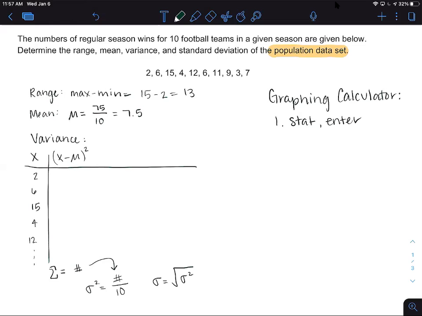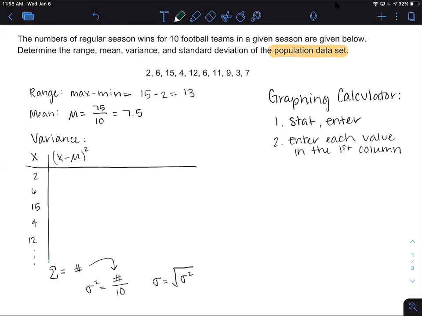Okay. So then you're going to enter each value in the first column. You don't need to delete what's in your first column. You can just type over it. It'll delete as you go.